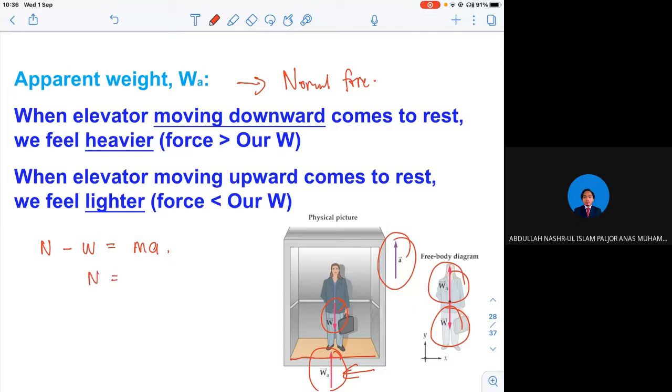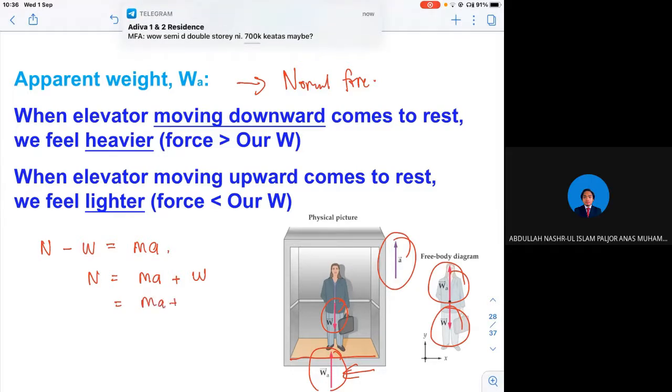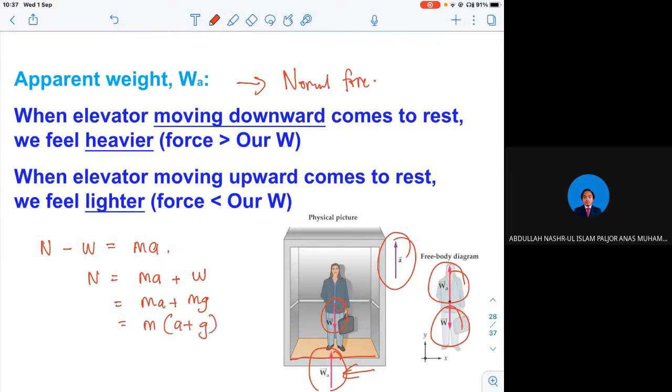Normal force minus W equals MA, so N equals MA plus W, and N equals MA plus mg, where N equals m(A plus G). This is for when the acceleration is going up.